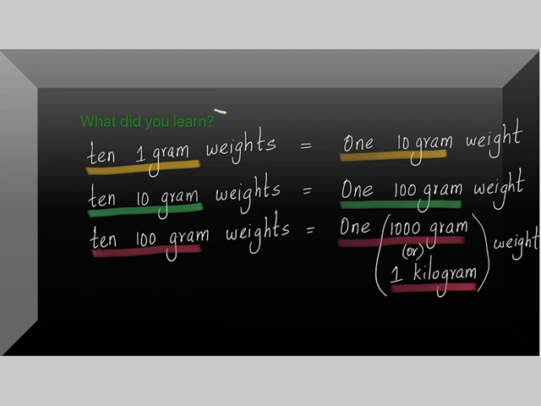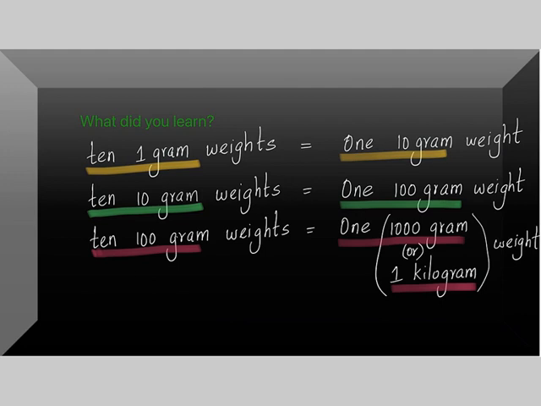Okay, now let us see what we learned so far. So far we learned 10 1-gram weights make 1 10-gram weight, and 10 10-gram weights will make 1 100-gram weight, and then 10 100-gram weights is equal to 1000-gram weight or 1 kilogram.